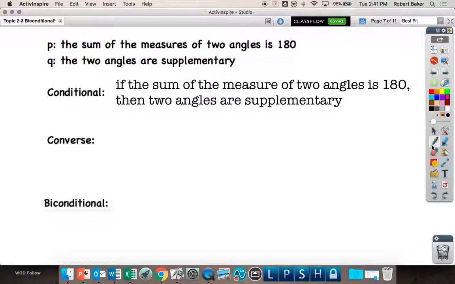It is generated by adding those two words. If the first thing, then the second thing. I know it's a lot of writing. I'm going to give you a little bit of time to work on that.